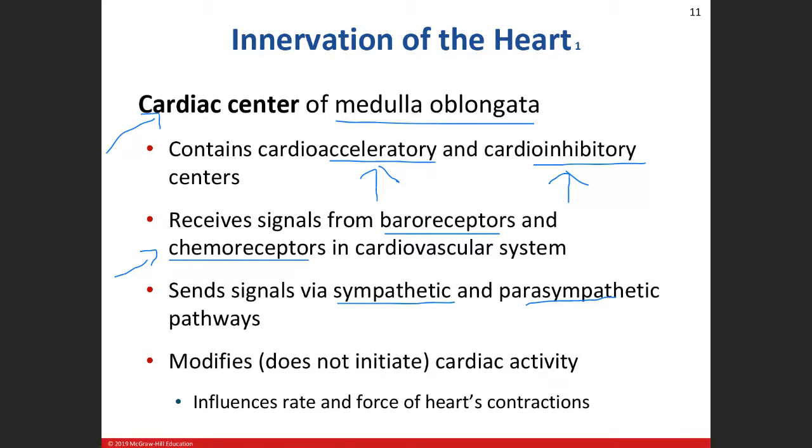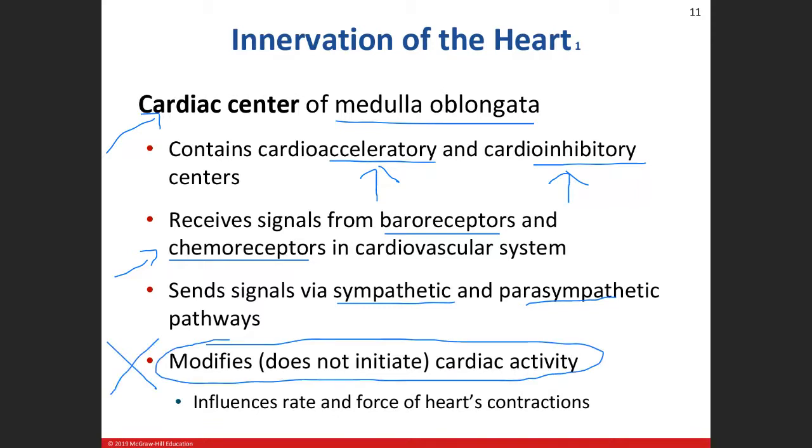So important point, star this, circle it, make sure you know this. The cardiac center does not initiate any type of activity. It only is going to modify it. It's either going to speed it up or slow it down, or the sympathetic does more than just speed it up.